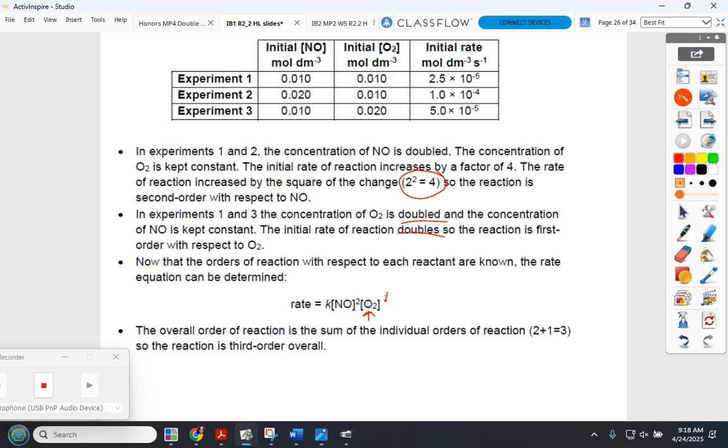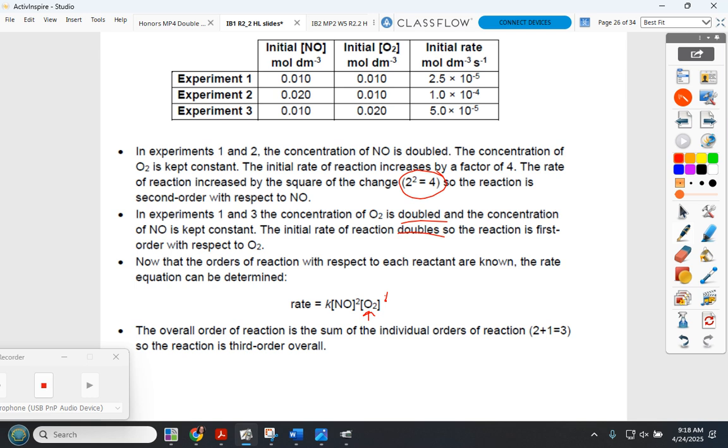If it was zero order, it would not be in the rate equation at all, because something raised to the 0th power is just the number 1. So we don't put it in the expression. When we're looking at the overall reaction order, we add these up, 2 plus 1. So this is third order overall. It is first order with respect to oxygen. It is second order with respect to NO. It is third order overall.